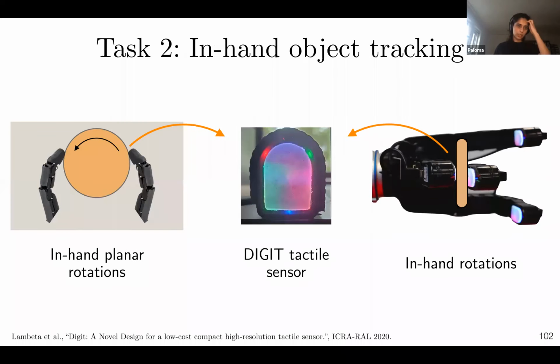For task 2, we propose to use an experimental setup with a teleoperated Allegro hand, where there is a DIGIT sensor on each of the fingers, and there is a small object being rotated in hand, and the goal is to be able to track the pose of this object over time.